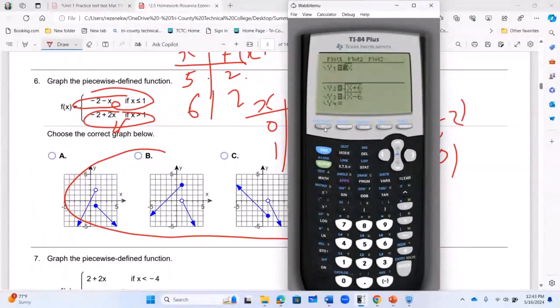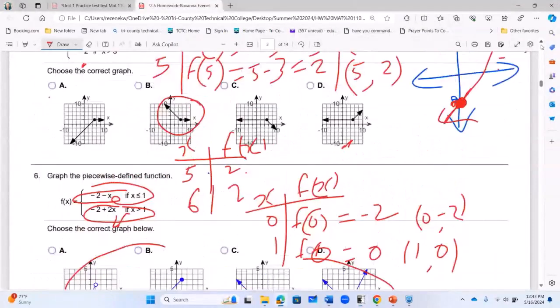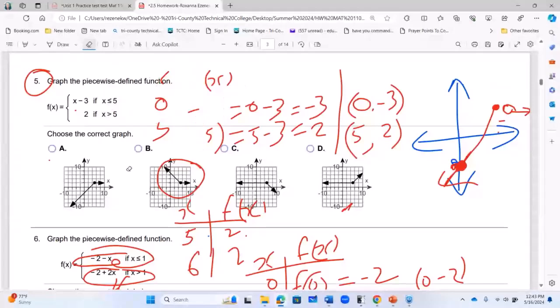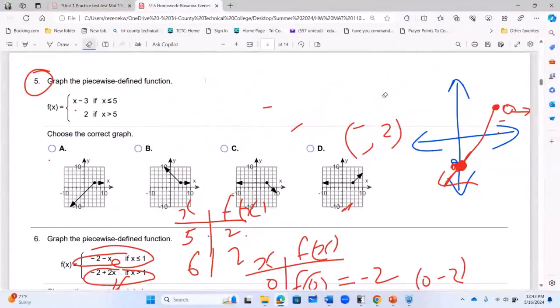Go to y equals, clear all the things in the function. Okay, so I want to put the first piece of function and then the condition in the equation.